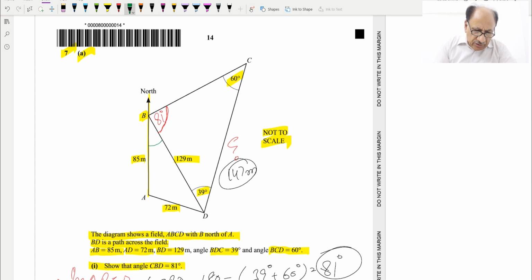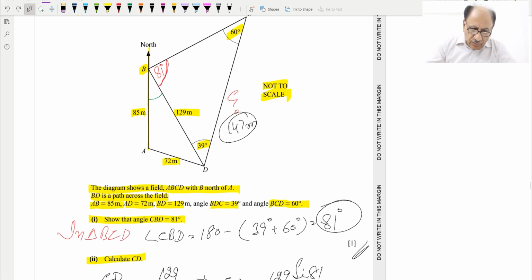So we have all the sides, so we can apply the cosine rule in this triangle, and I will be solving here, then I will shift.